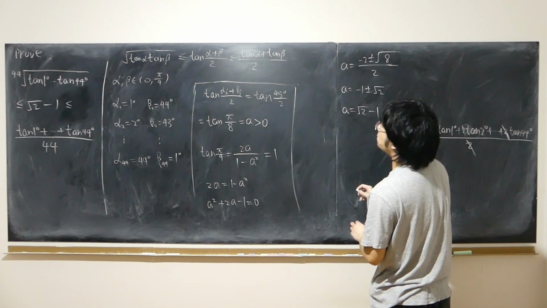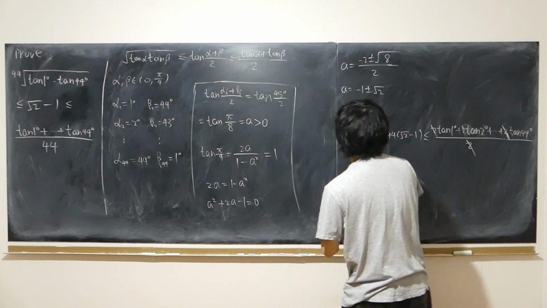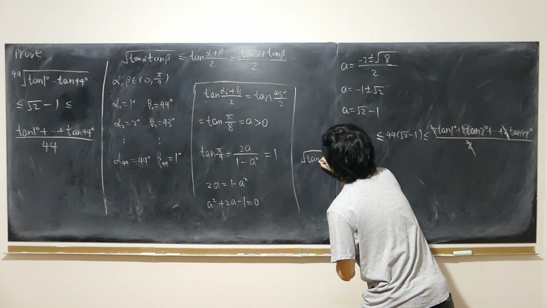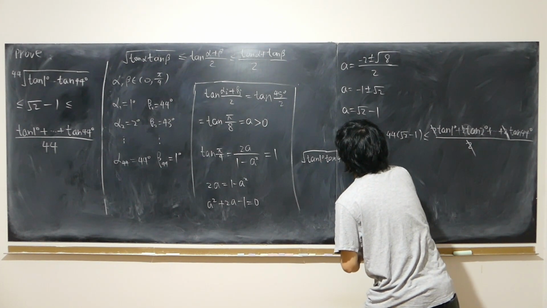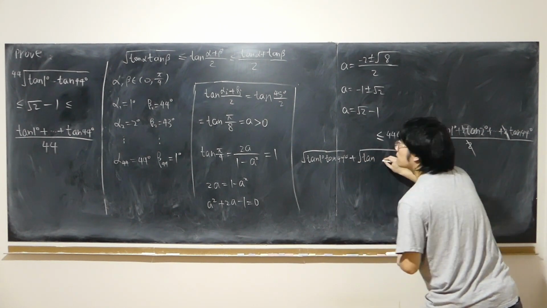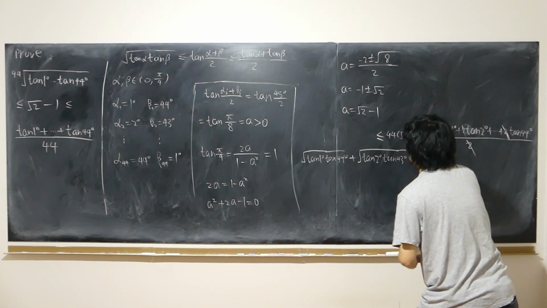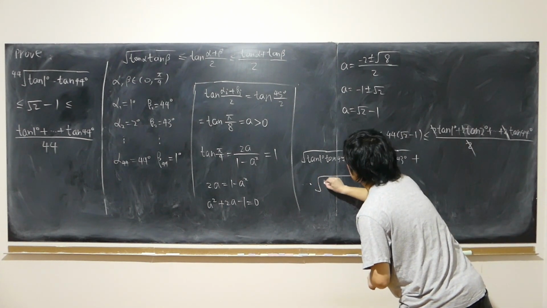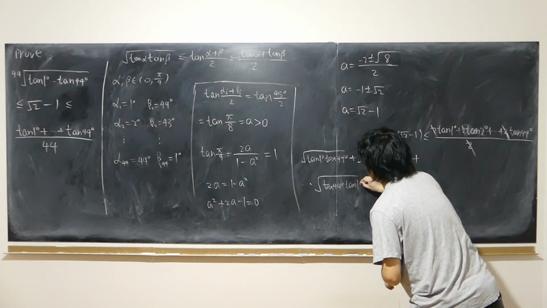Left-hand side is what? Just write it down: square root of tangent 1 degree, tangent 44 degrees, plus square root of tangent 2 degrees, tangent 43 degrees, all the way up to tangent 44 degrees, tangent 1 degree.